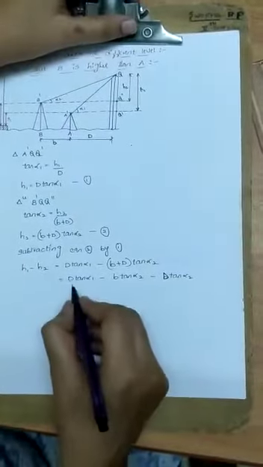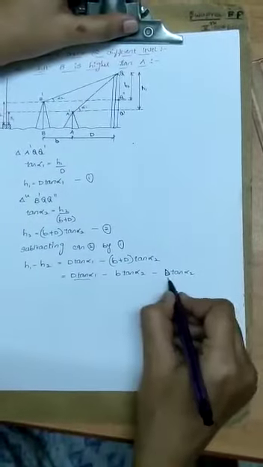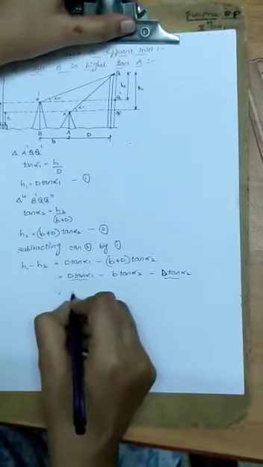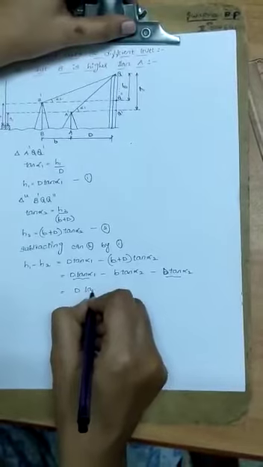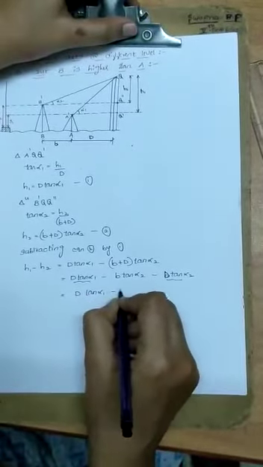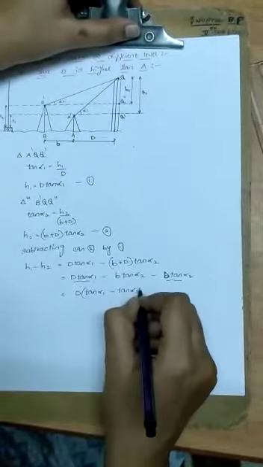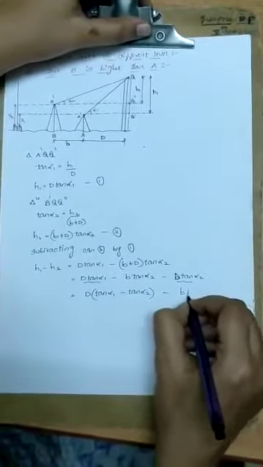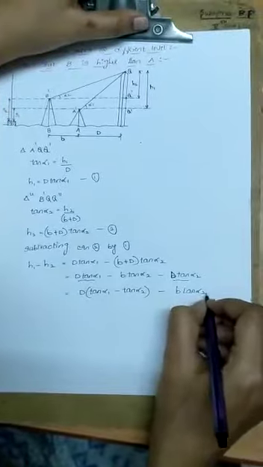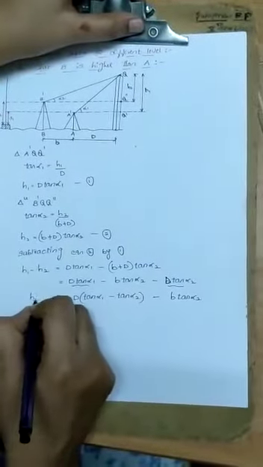From these two terms, d is the common term. Take it out: d into tan alpha 1 minus tan alpha 2, minus b tan alpha 2, that will be equal to h1 minus h2.